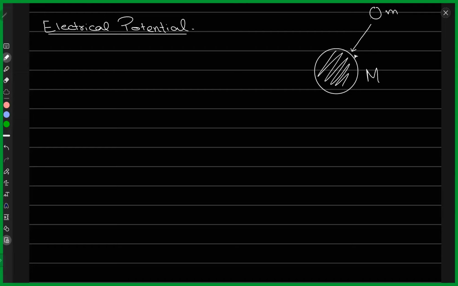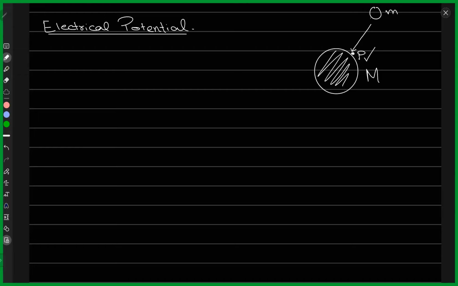Suppose I pick a point P over here and I want to bring this small mass m to this point P. The work that I will have to do in doing this is the gravitational potential defined at this point P, right? So that was gravitational potential.